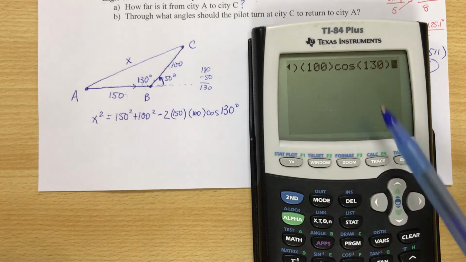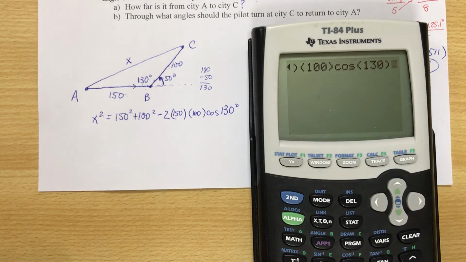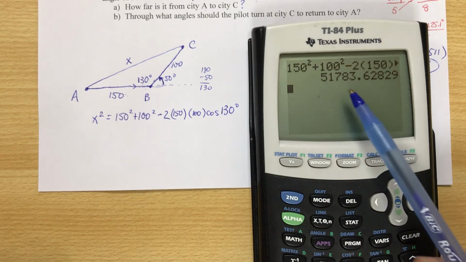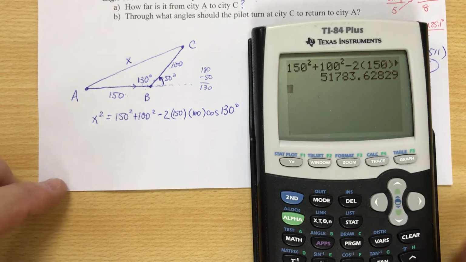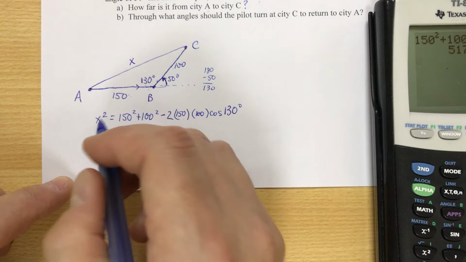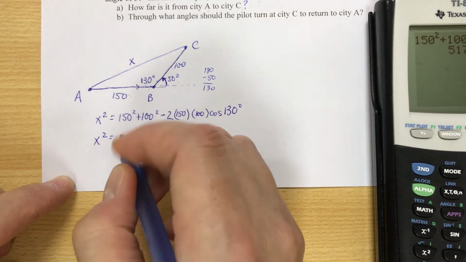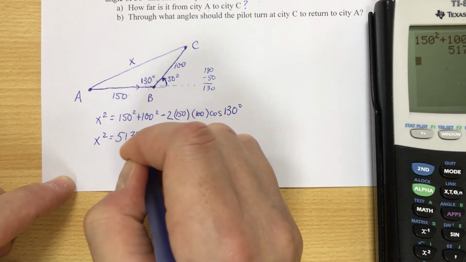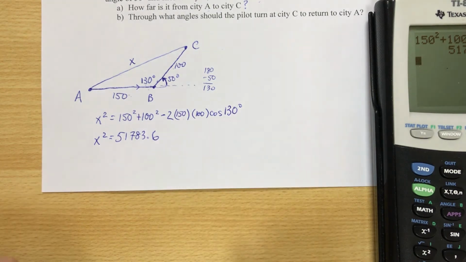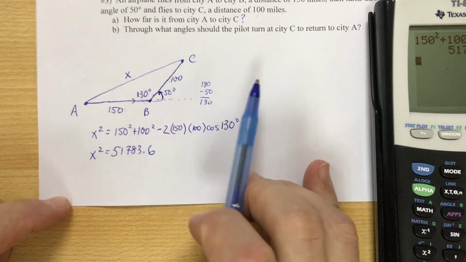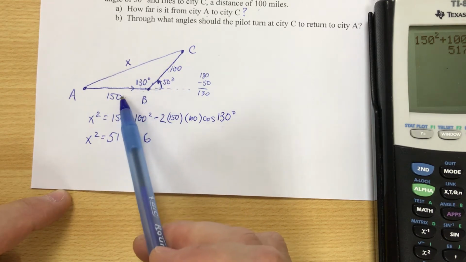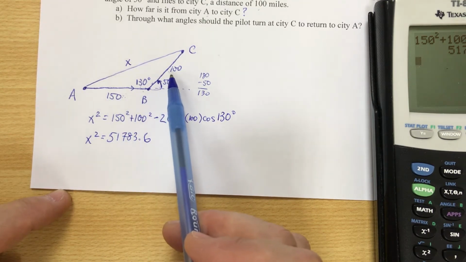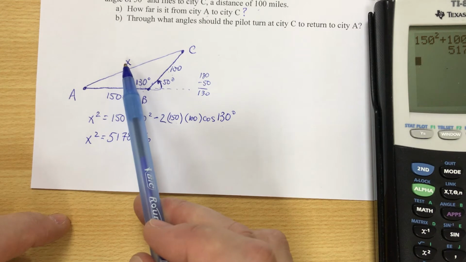That's a lot, but I've just got to hit some buttons here. 51,783.6. So x squared is 51,783.6. Now this is miles. That does not make sense to be the length from A to C. The 150 and the 100, there's no way that this can be 50,000.